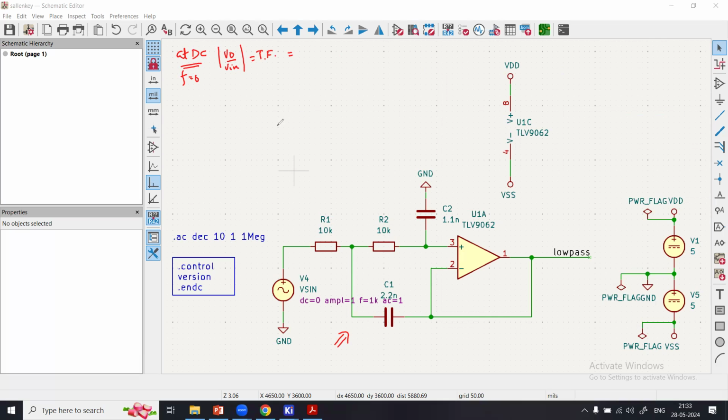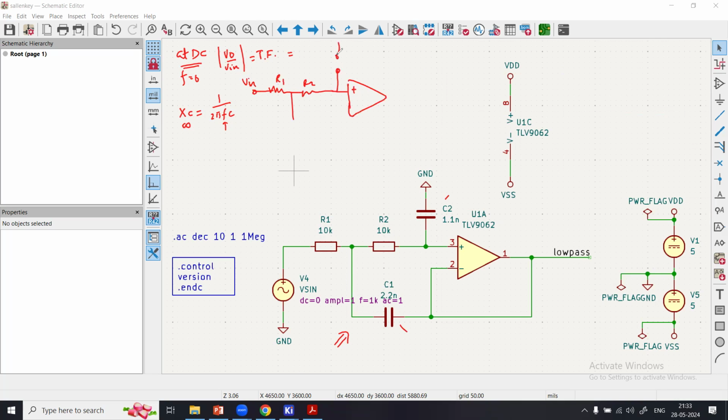At DC, you have the capacitor impedance XC, which is 1 over 2 pi FC. When the frequency is 0, this XC is infinite, so capacitors act as an open circuit. Both of these capacitors will act as open. In that configuration, you have the input signal and these two resistors, R1 and R2, and this amplifier.